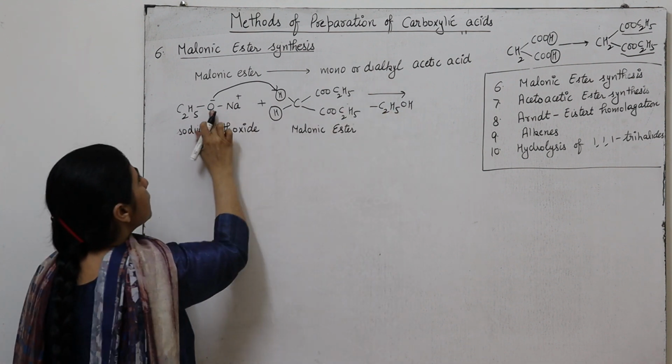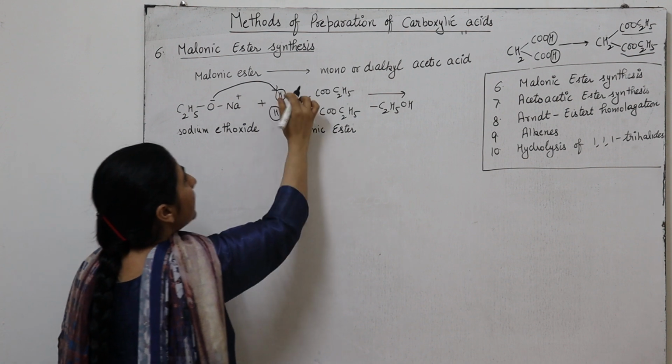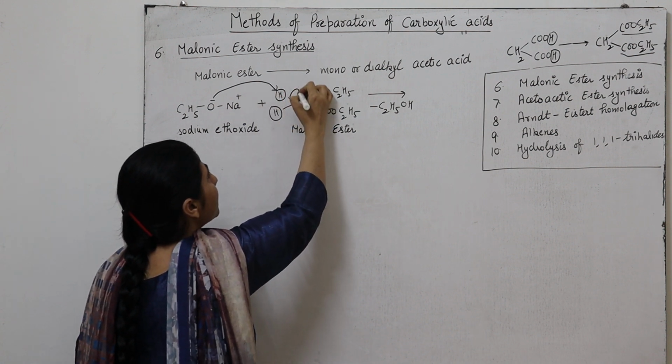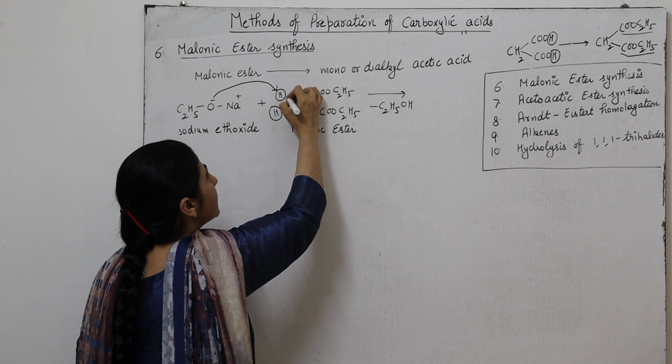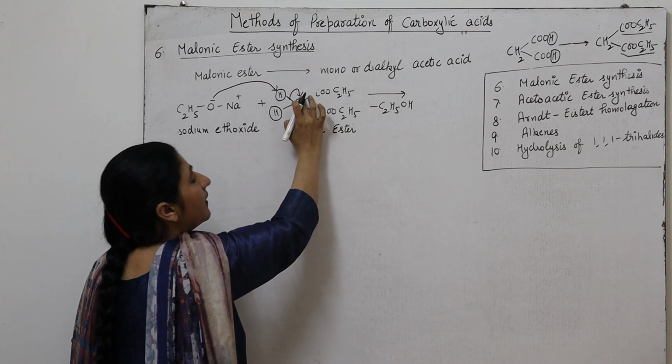C2H5OH. When it abstracts the hydrogen, there is a migration of the carbon-hydrogen sigma electrons toward the carbon.